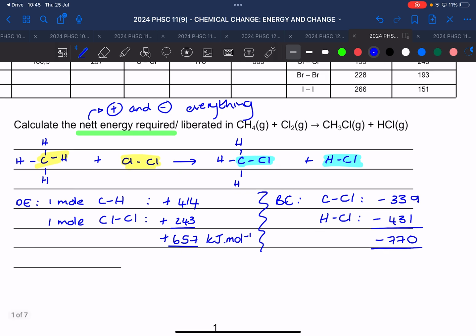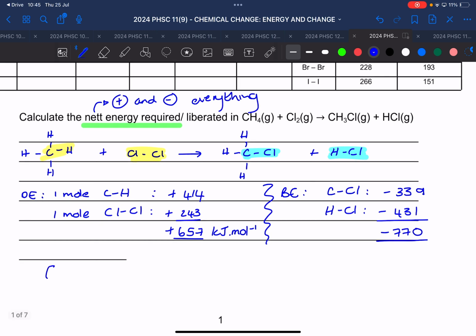So, the net energy is 657 minus 770. And that gives you negative 113 kilojoules per mole.